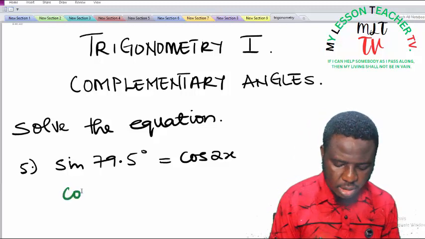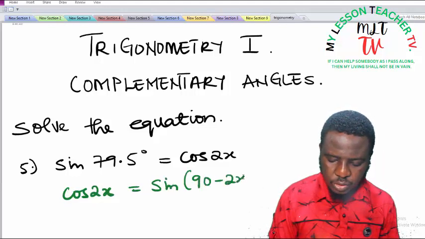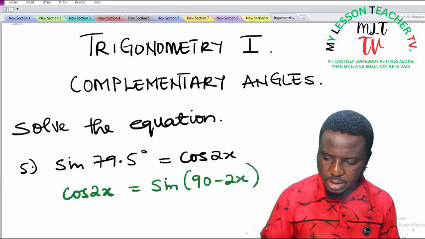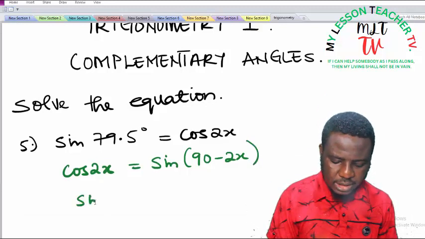This implies that cos 2x will be equal to sine 90 minus 2x.